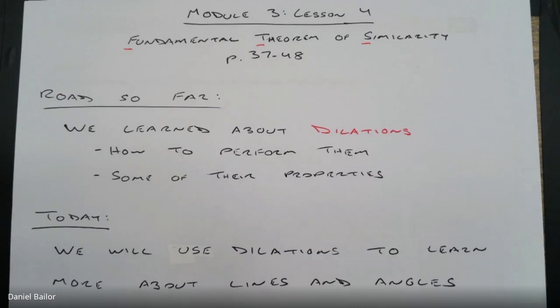For example, that dilations map segments to segments and lines to lines, which means the shape of the figure does not change. The shape does not change, only the size does. We also learned that while lines and segments change in size, angle measurements stay the same. So the lengths change, angles stay the same. Just the lengths change. So those are a couple properties we talked about.